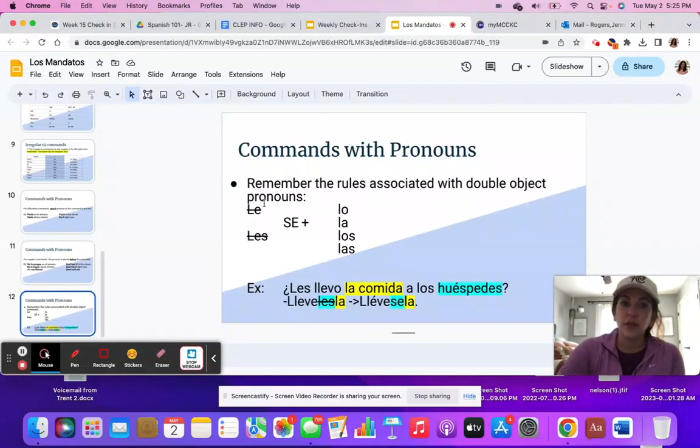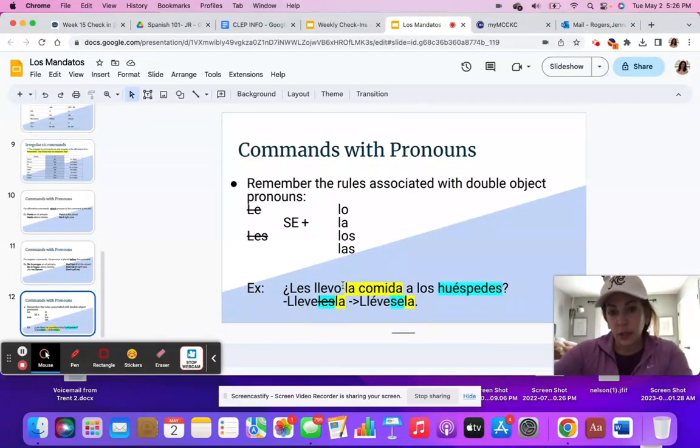We convert the first pronoun, le or les, to se, then add the direct object pronoun. For example, les llevo la comida a los huéspedes. The direct object is, I bring what? La comida. That's direct. To whom should you bring the food? The huéspedes, the guests.